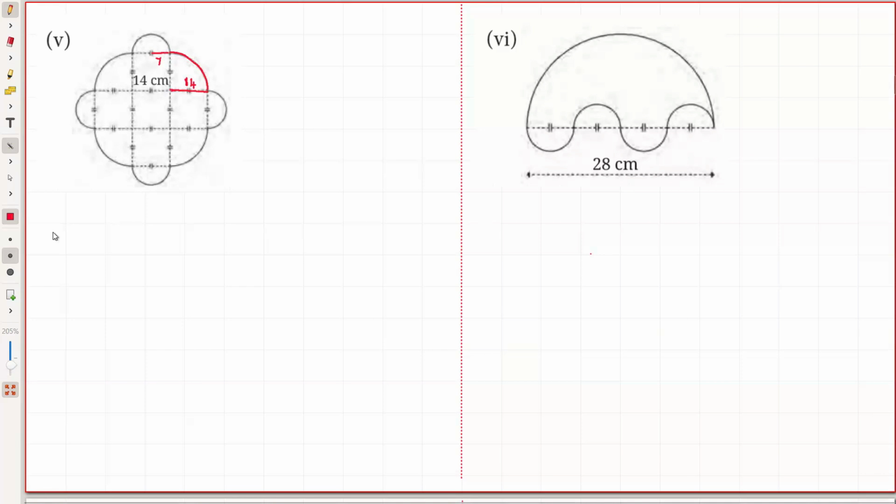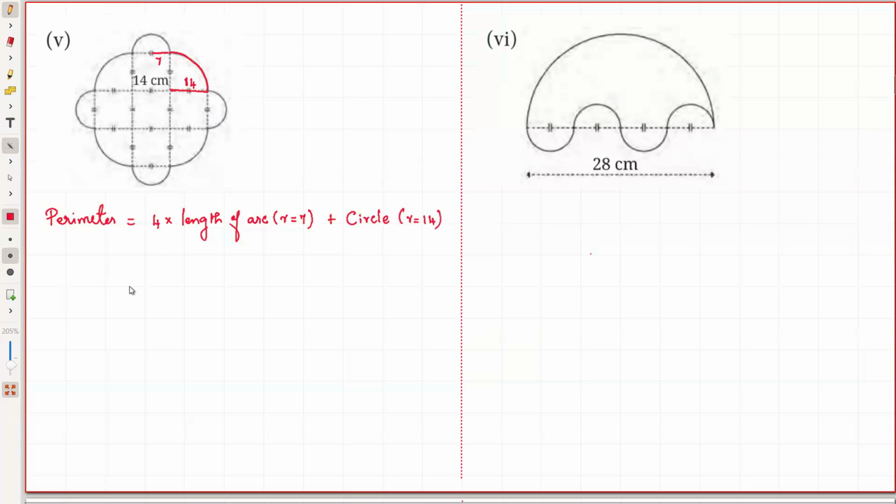So the perimeter is equal to, we can write, 4 into length of arc with radius, plus, I'm taking one full circle with radius. What is the radius for this circle? If you add the 4 arcs, we'll get one circle with radius 14.